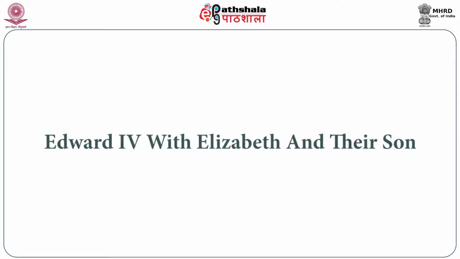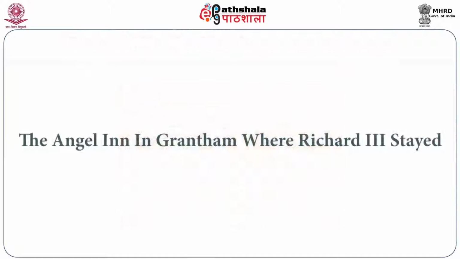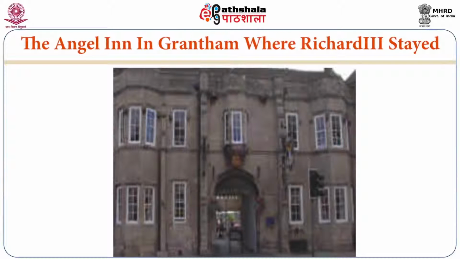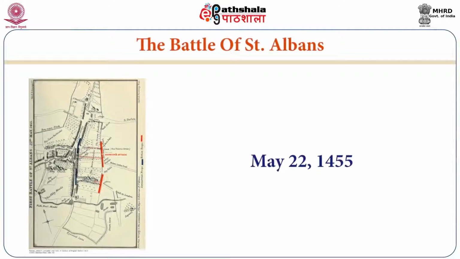Here on the screen, Edward IV with Elizabeth and their son. The Angel Inn in Grantham, where Richard III stayed. Again on the screen, the Battle of St Albans, it took place on May 22, 1455.